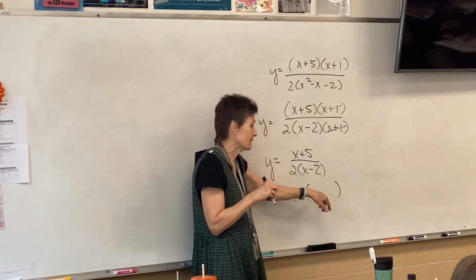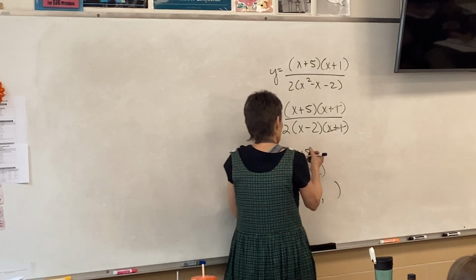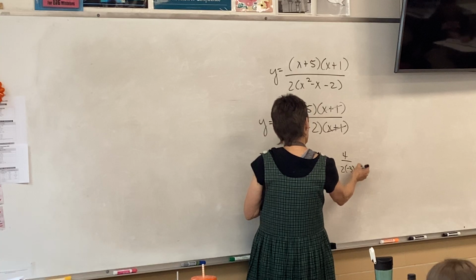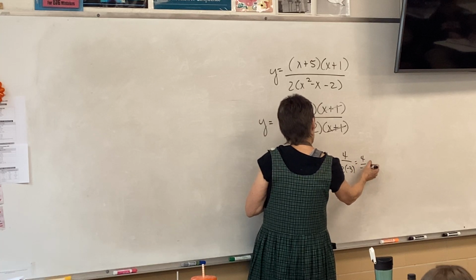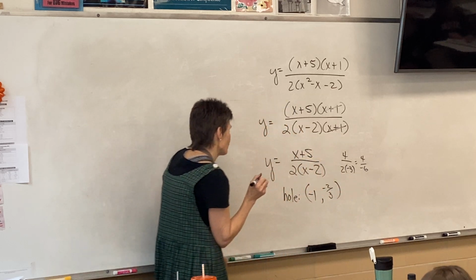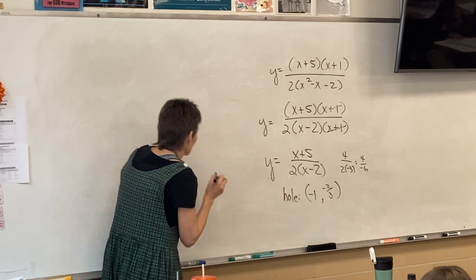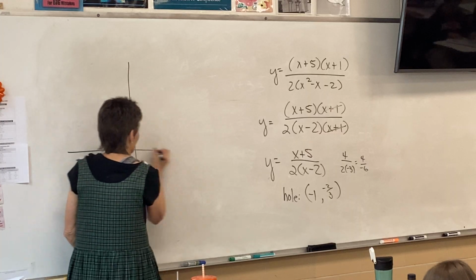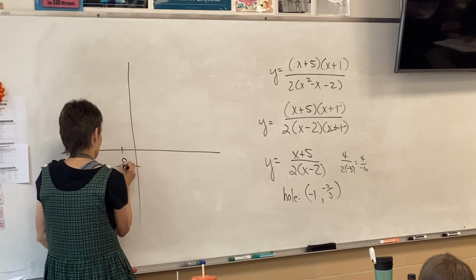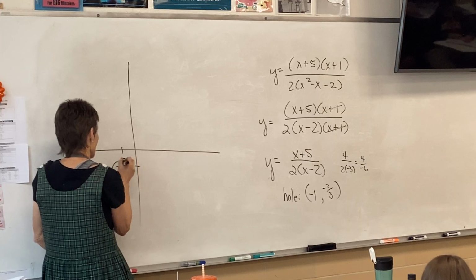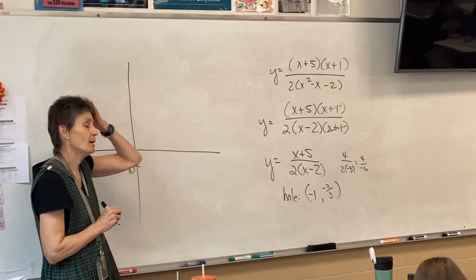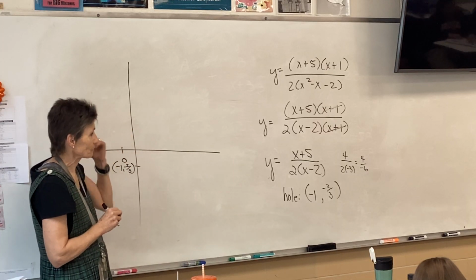Plug in -1. So that's going to be 4 over 2. I got -2/3. Double check that for me when I put in -1. So there's my hole. Nice open dot at -1, comma, -2/3.